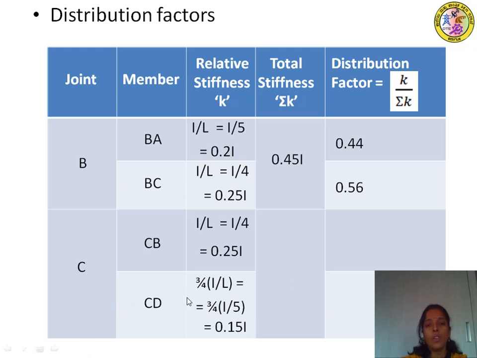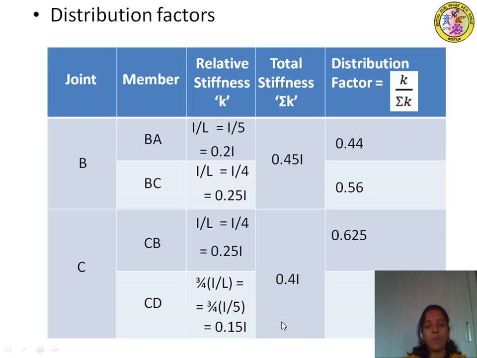So now the total stiffness is the summation of relative stiffnesses of the members meeting at a joint. So 0.25I plus 0.15I will be equal to 0.4I. And the distribution factor for CB is the relative stiffness of CB to total stiffness at C. So that is 0.25I to 0.4I, which will be equal to 0.625.